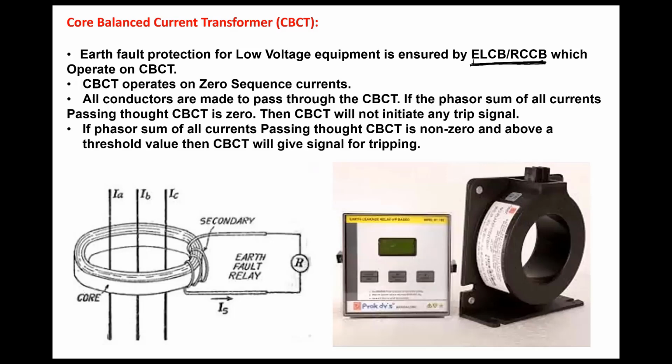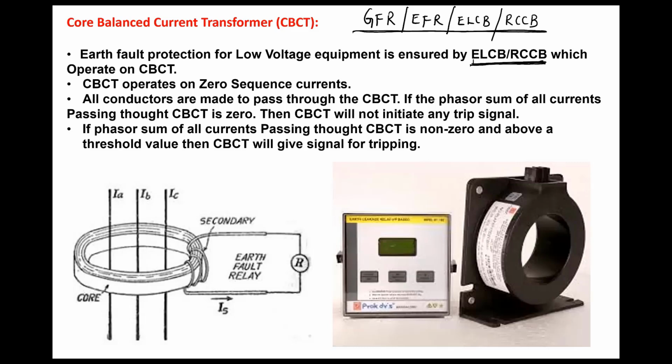There are different names: GFR, ground fault relay; EFR, earth fault relay; ELCB; and RCCB. Their names may be different, but their functionality is the same.